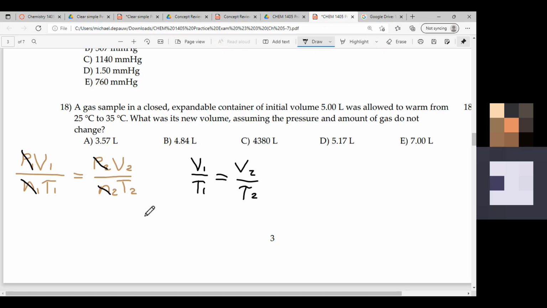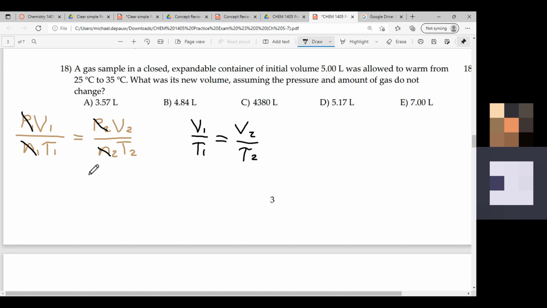Now, at this point, what I'd like to do is list out my variables. So V1, T1, V2, T2, and then I figure out what I have and what I'm looking for.